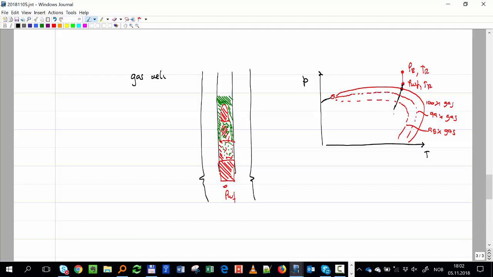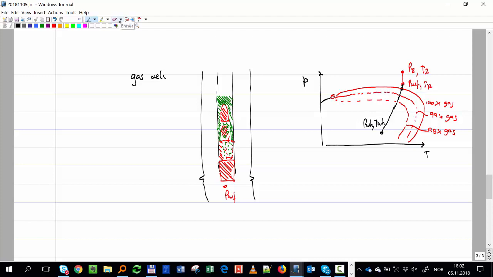If I continue, which doesn't happen very often, too much into the envelope, I might even reach churn flow again. But typically the flow pattern we reach, and we are going to make an exercise on that, is slug flow, till we reach PWH and TWH.